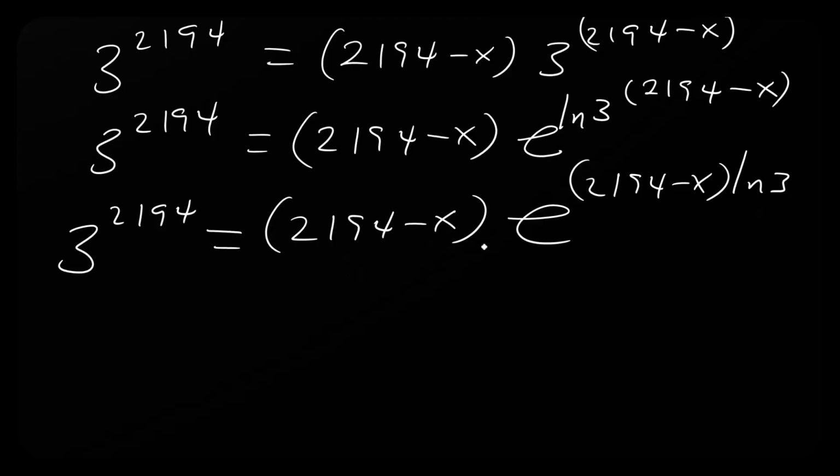Now remember, what is here must be equal to what is there in order to perform the Lambert W function. So we have to multiply both sides by ln of 3.